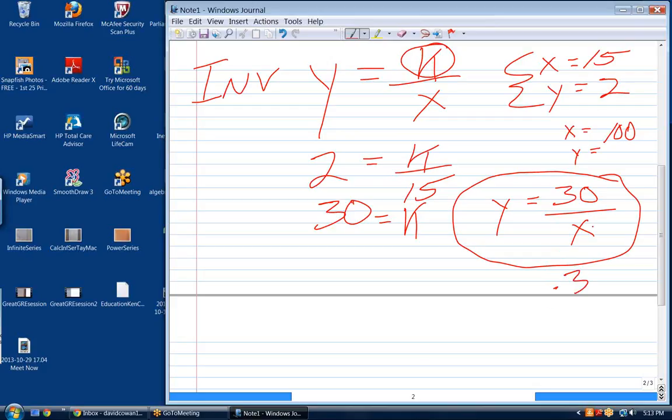In other words, if I plug in 100 for x, then y is 3/10. That's all you do.